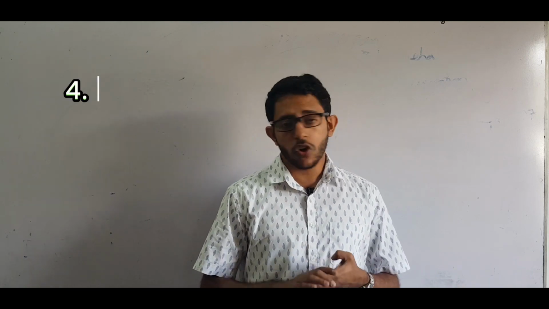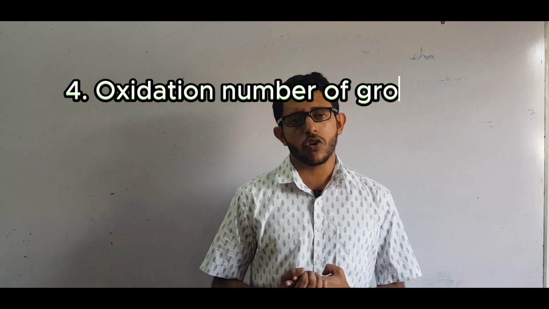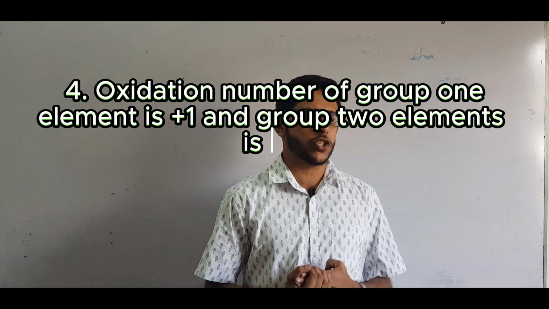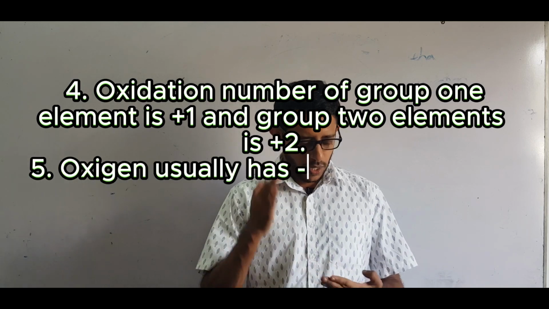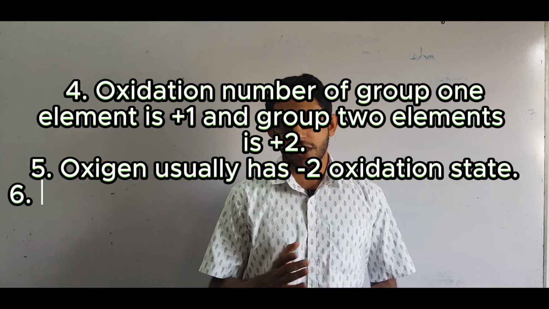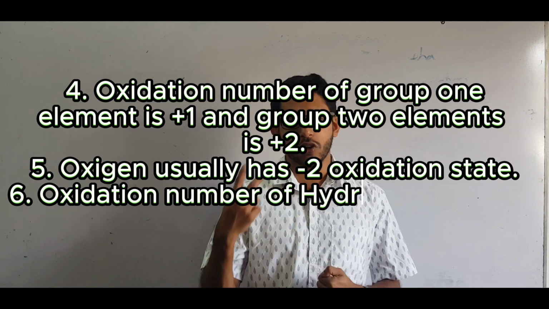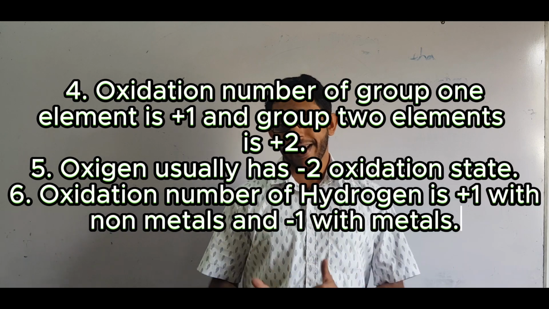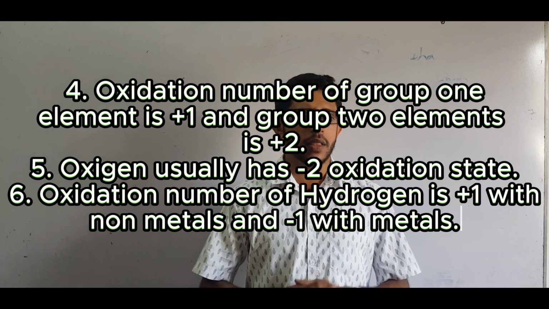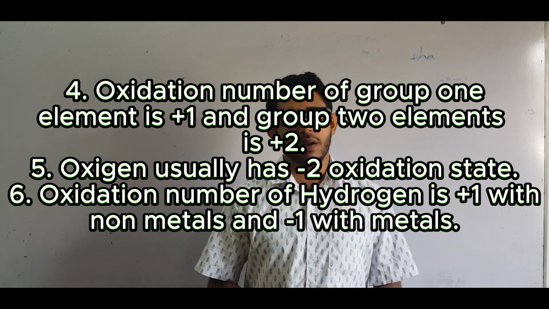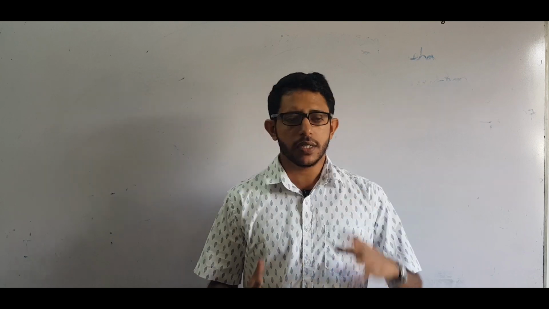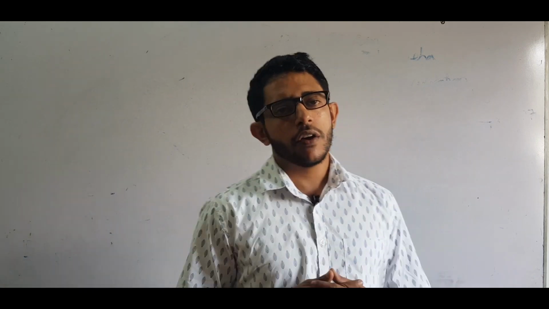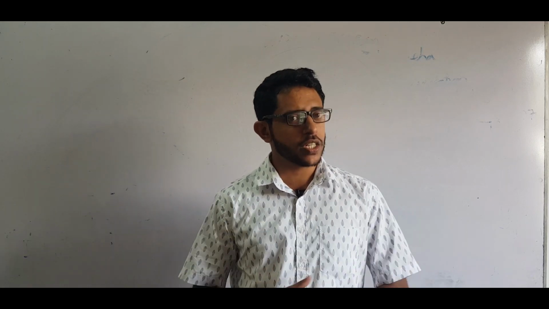Fourth, the oxidation number of a group 1 element is always plus 1. The oxidation number of a group 2 element is always plus 2 in compounds. Fifth, oxygen usually has the oxidation state of minus 2. Sixth, hydrogen is plus 1 with non-metals and minus 1 with metals. So those are the 6 basic rules we use to find the oxidation numbers.